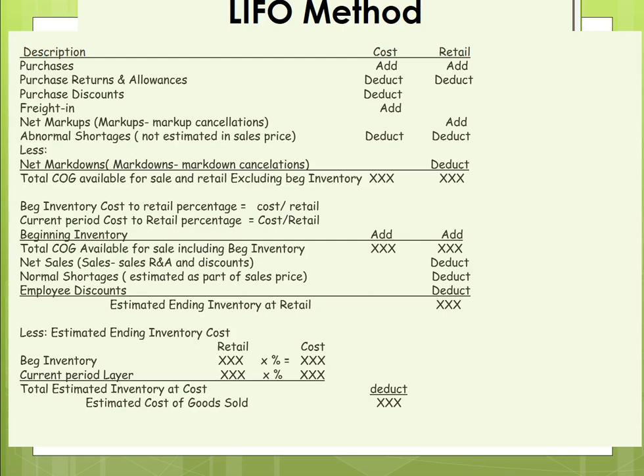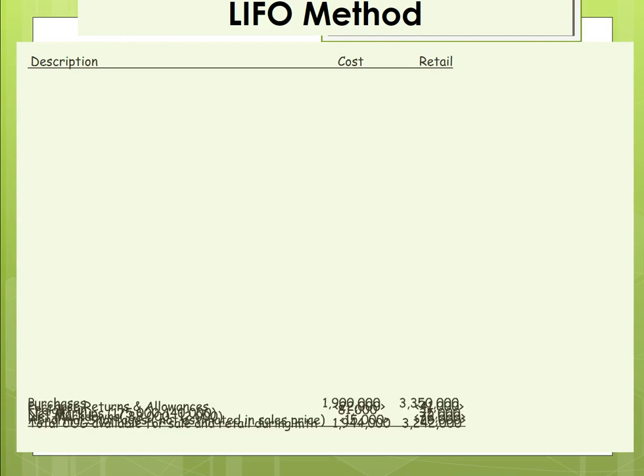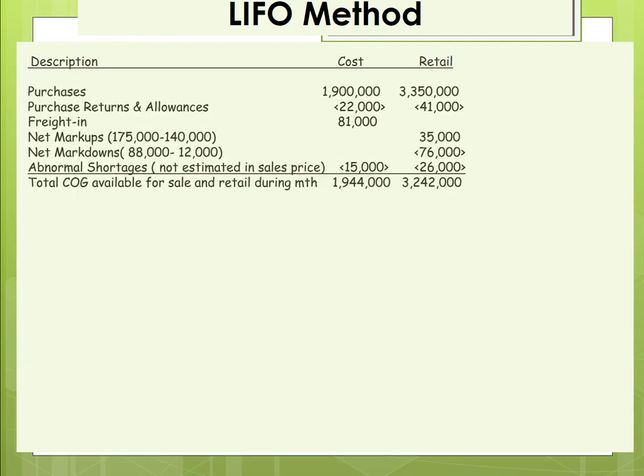So now let's take a look at the same problem we looked at in part 2. Here's all of our information. What we're going to do now is start with total cost of goods available for sale at retail, but we do not include beginning inventory. We then, using this information, compute the cost to retail percentage.